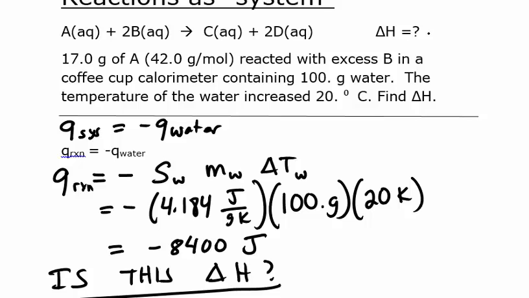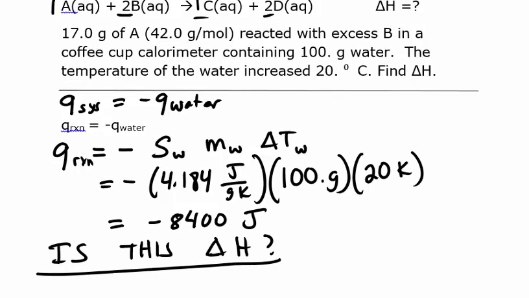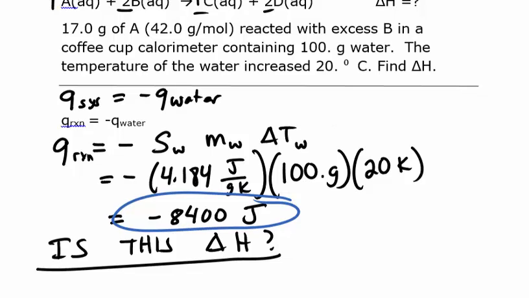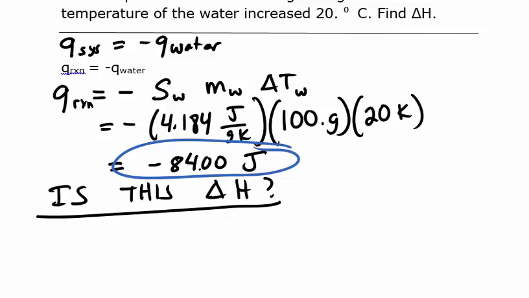Remember, the heat for the general reaction is for 1 mole of A and 2 moles of B, forming 1 mole of C and 2 moles of D. We didn't have 1 mole of A, we had 17 grams of A. So to find out the actual delta H for the reaction, we have to figure out what this heat would be if it were for 1 mole of A. Alright, so that's not a difficult calculation, but you have to realize the Q for the reaction is for the amounts we used, not for the equation as it was written.